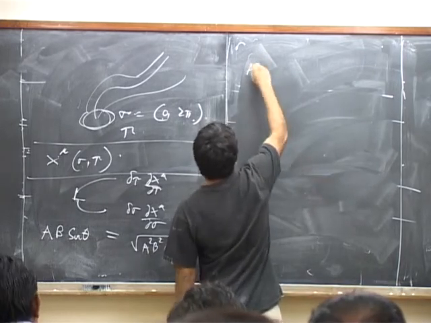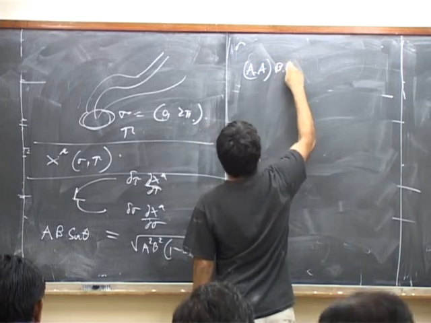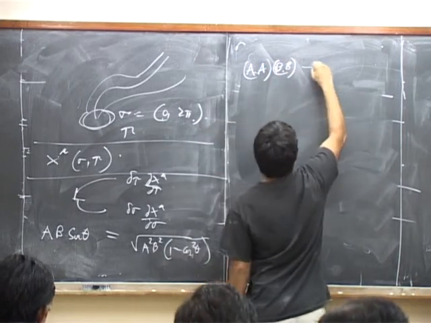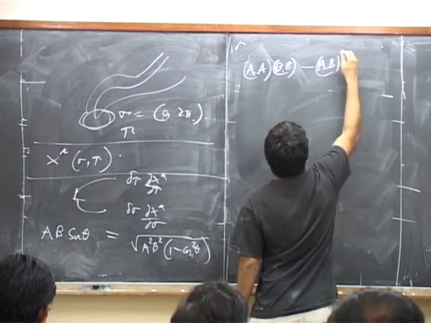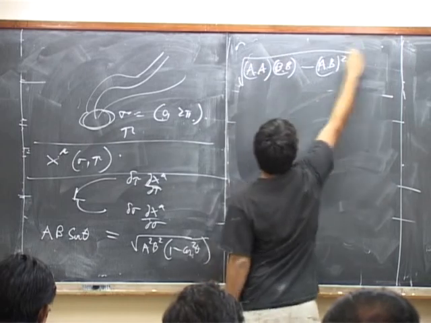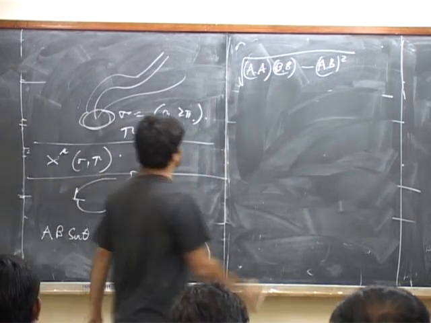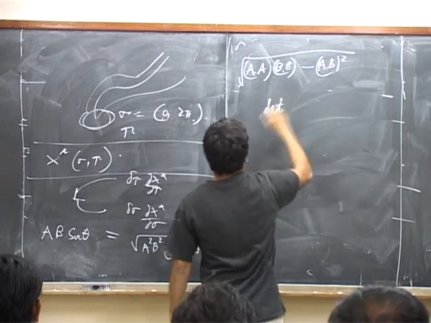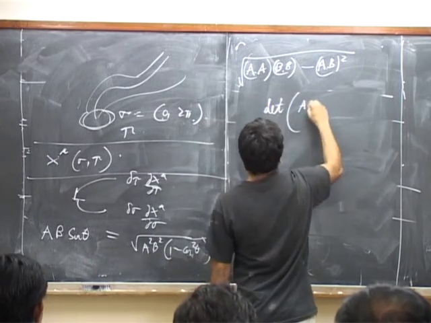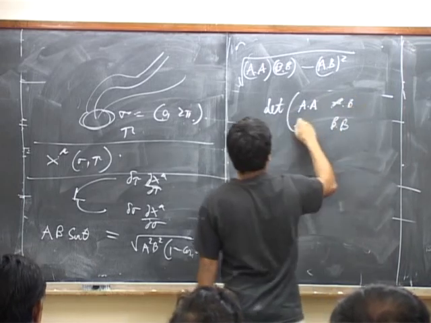So the area is the square root of (A·A)(B·B) minus (A·B), the whole thing squared. The quantity under the square root is simply the determinant of the matrix with entries A·A, A·B, A·B, B·B.